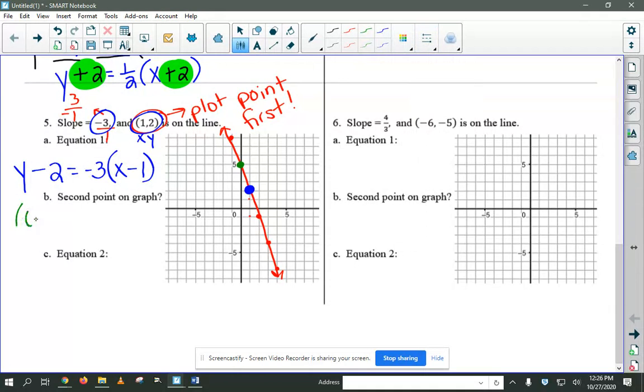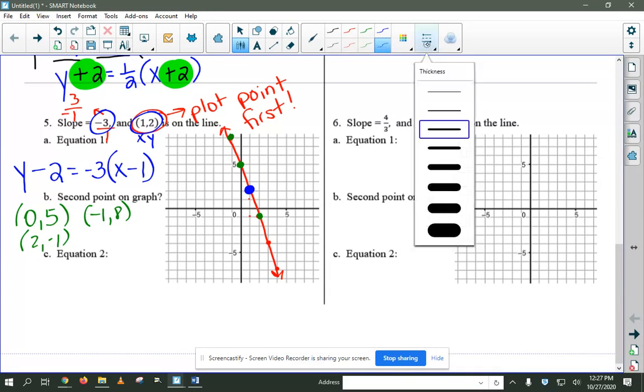I'll just write that down. I have -1, 8 that I could choose from. And I have a point down here, right? I could do 2, -1. The options really are many. So your job is just to pick one of those points and again, fill out a point slope equation.